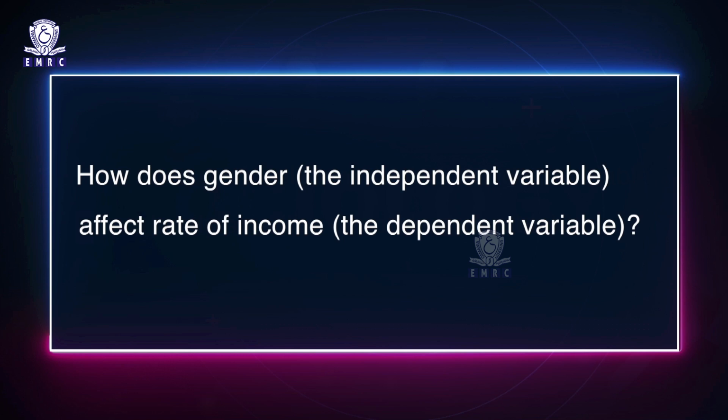How does one's religion, which is the independent variable, affect family size, which is the dependent variable? How is social class, the dependent variable, affected by the level of education, which is the independent variable?